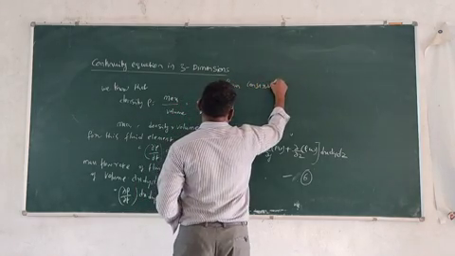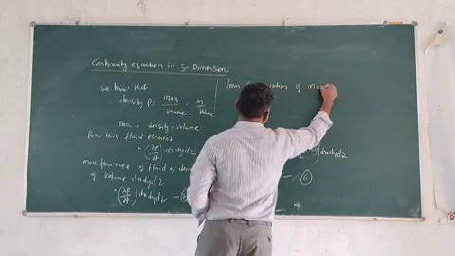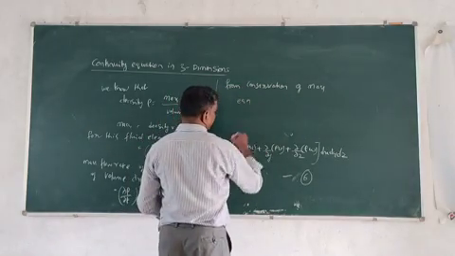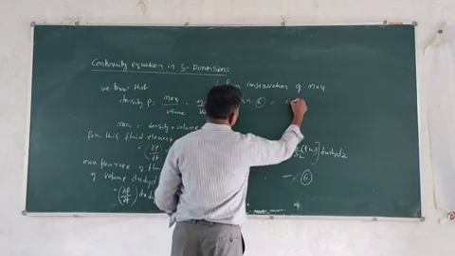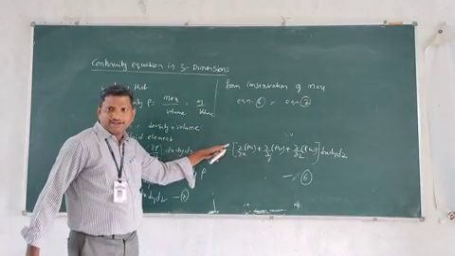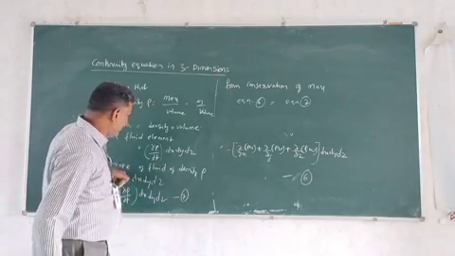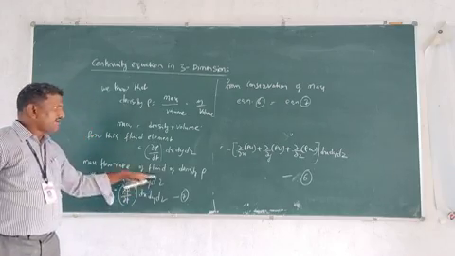Conservation of mass: equation 6 is equal to equation 7, because this is the total gain in mass flow rate and this is the mass flow rate of the fluid through the element or volume dx dy dz.